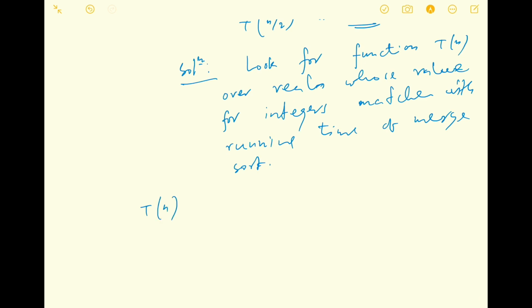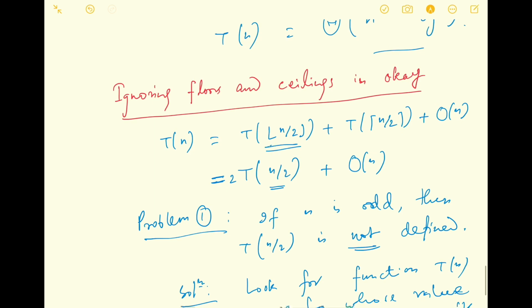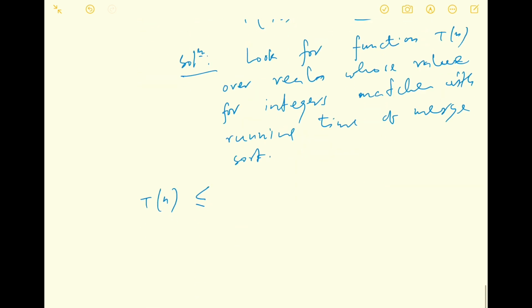So in T(n), you replace the floor with ceiling, and you can simply overestimate and write it as 2T(ceiling of n by 2) plus big O of n, because we are writing less than or equal to.